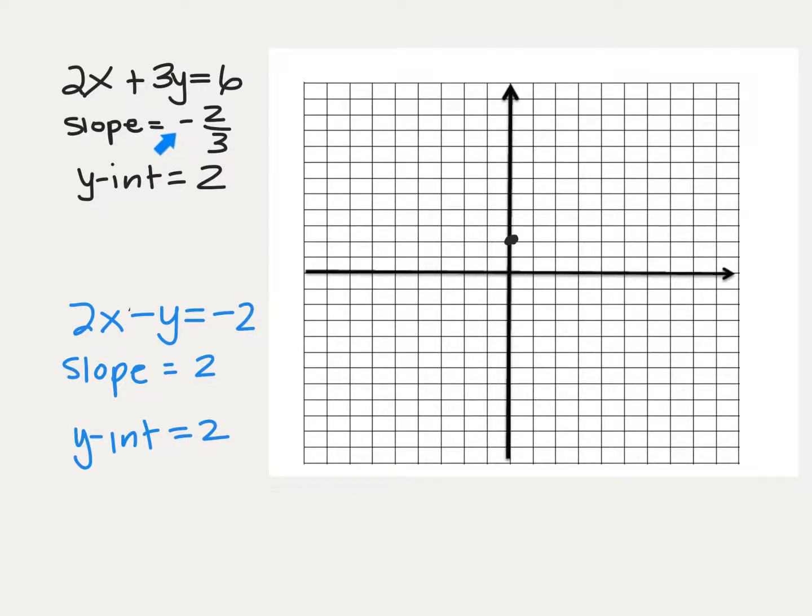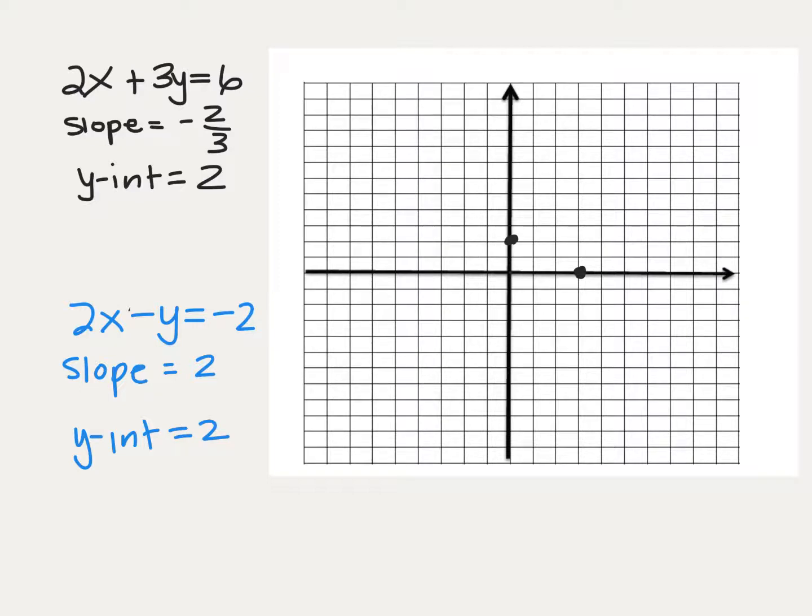That negative sign is only with one of the numbers. So I could go down 1, 2, and be at the origin, and then move over 1, 2, 3 to the right. Or I could start back here and go 1, 2 up and 1, 2, 3 to the left.